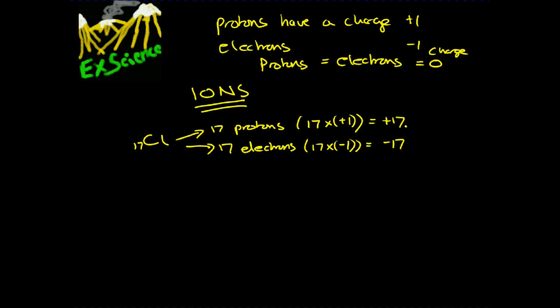So -17 plus +17 equals 0, the sum of those equals 0.